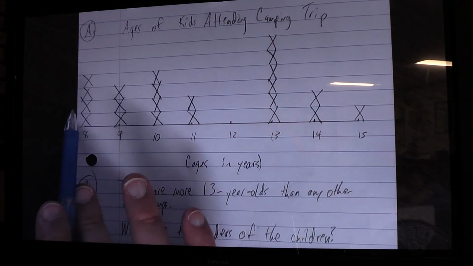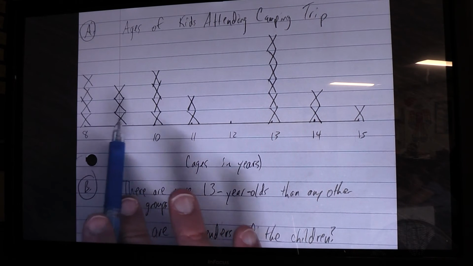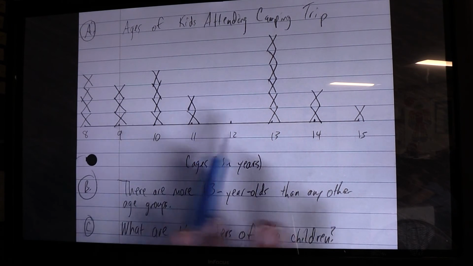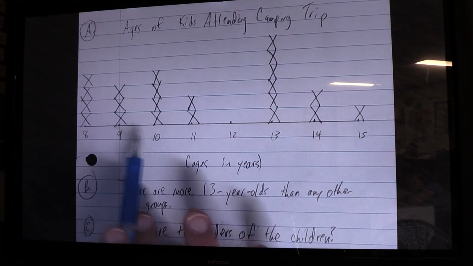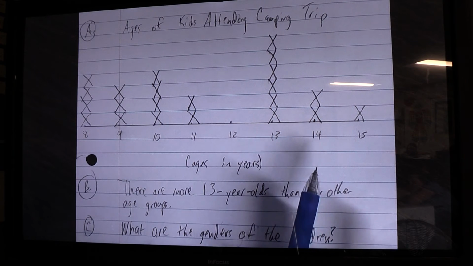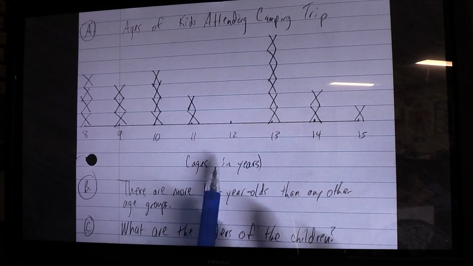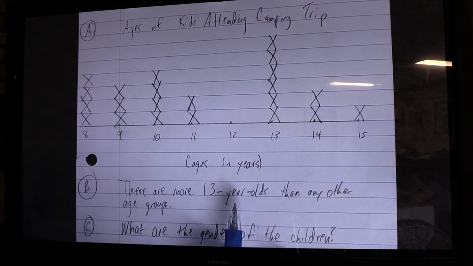And then I used a ruler, and I started, I just put these inches apart. We had 8, 9, 10, 11, 12, 13, 14, 15, and notice how I put the unit here, or measure, I guess. Ages in years, tells us what those numbers stand for.